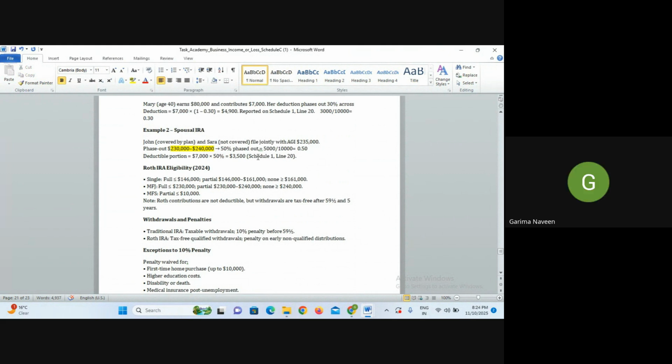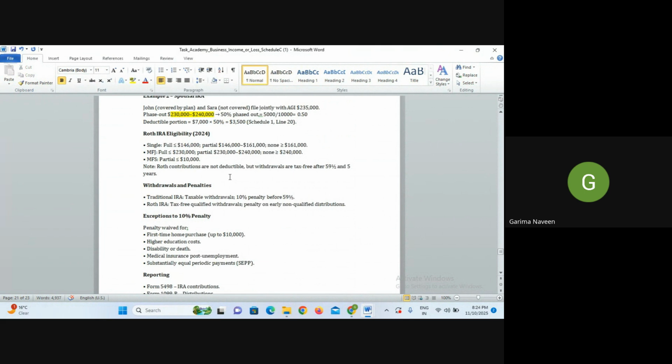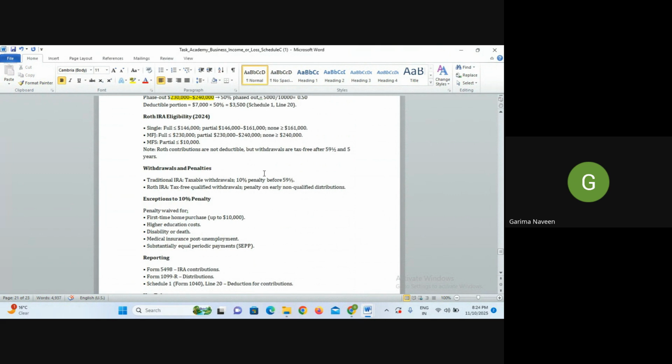Okay. So withdrawals and penalties. Look, if you are withdrawing it for qualified purposes and your age is 59 and a half years and above, then there is no problem. For traditional IRA, you have to pay taxes, and for Roth IRA, you do not have to pay taxes.